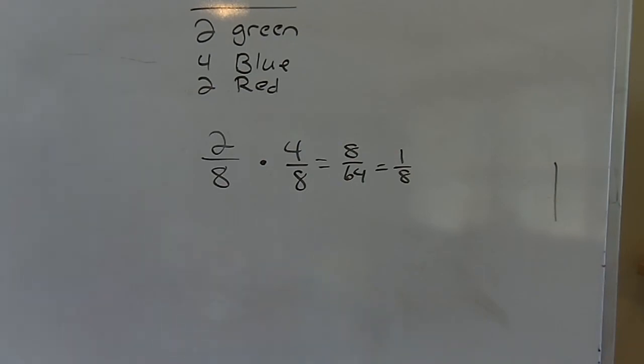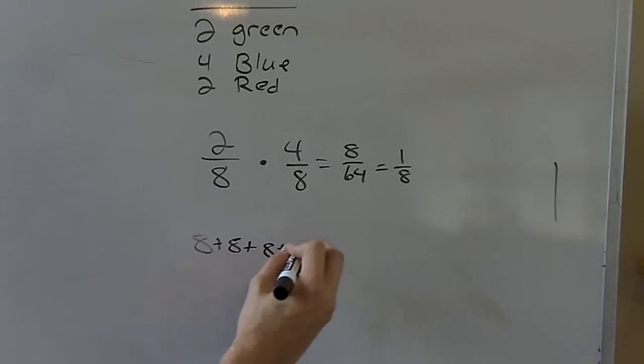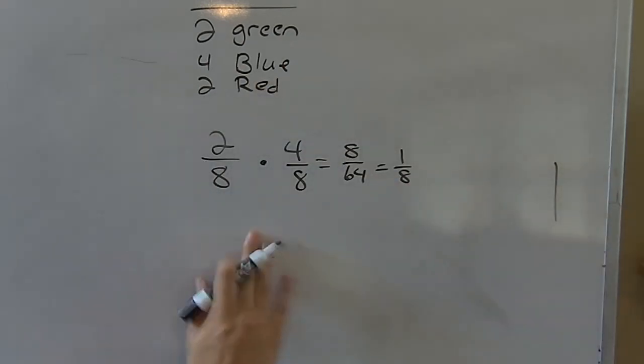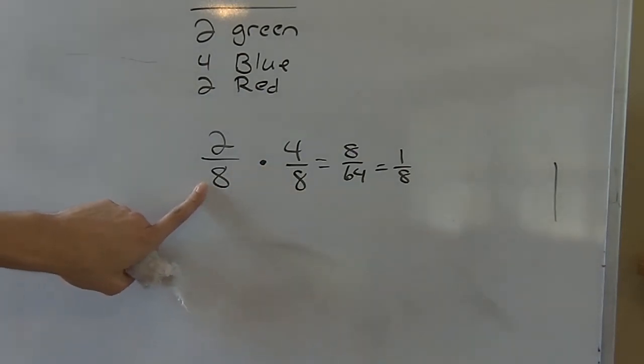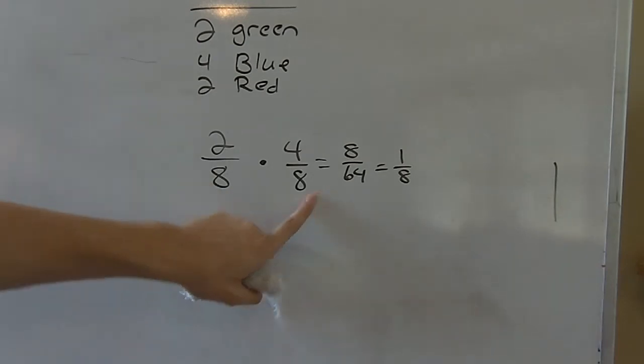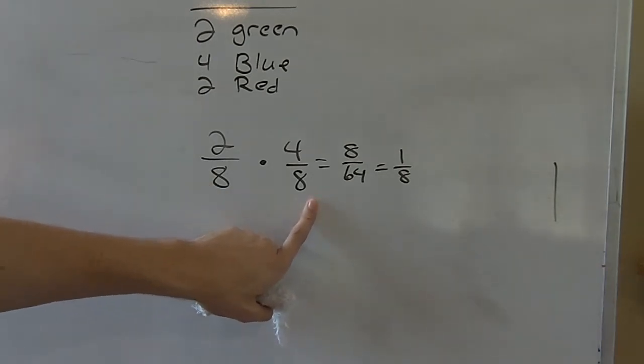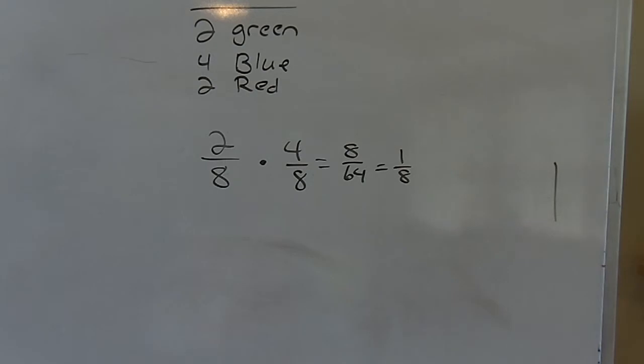There's another 8 outcomes. So in other words, I'm doing 8 plus 8 plus 8 plus 8 plus 8 plus 8 plus 8 plus 8. I'm adding 8 times. In other words, I'm doing 8 times 8. Because for every marble that I could possibly pull from pull 1, I have another 8 possibilities in pull 2. So there's a total of 64 different outcomes overall.